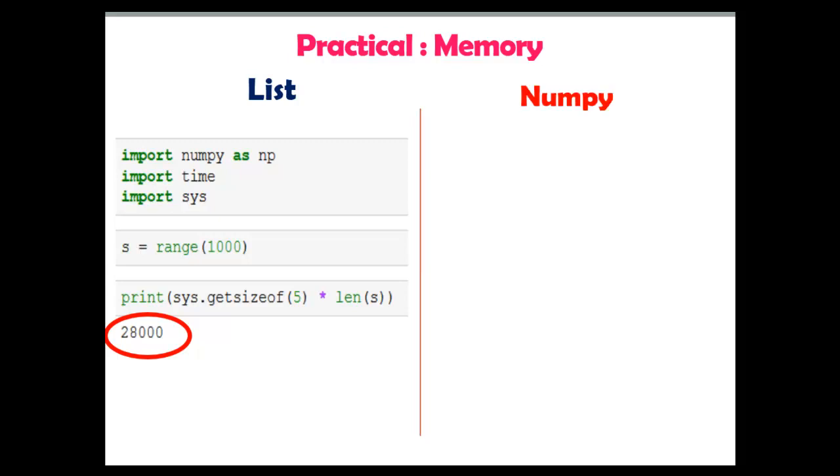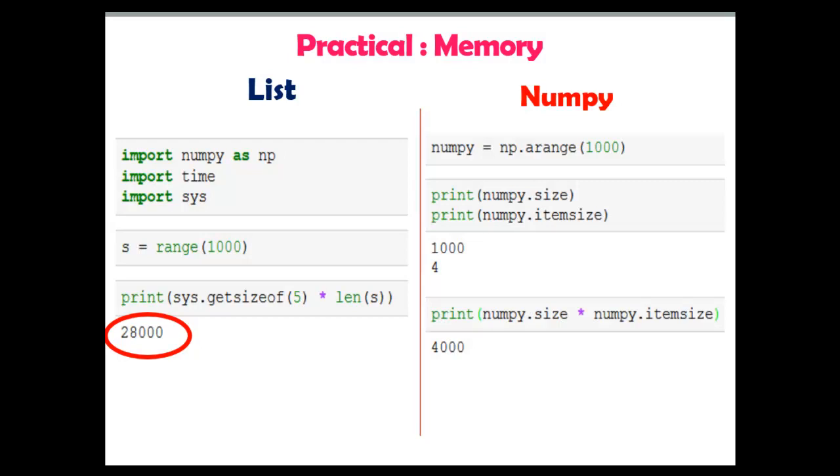Now let me see for the NumPy. So an ndarray is created using the np.arange function with 1000 elements. Now numpy.size returns the number of elements in the array. numpy.itemsize returns the length of one element in bytes.